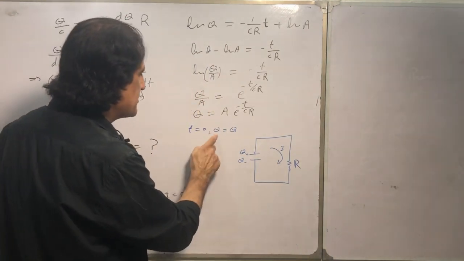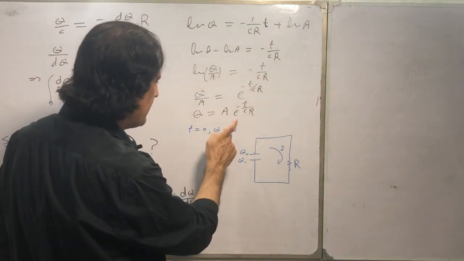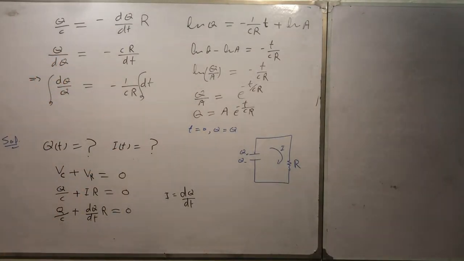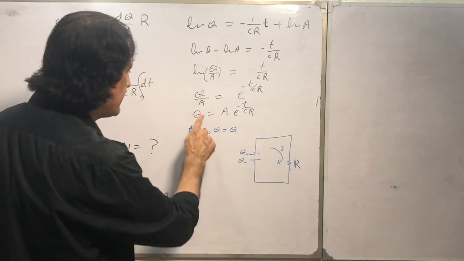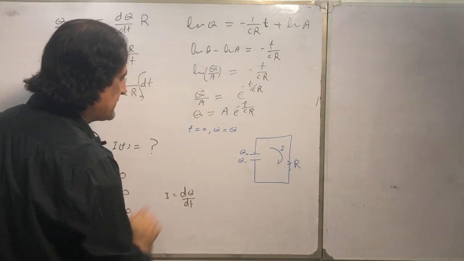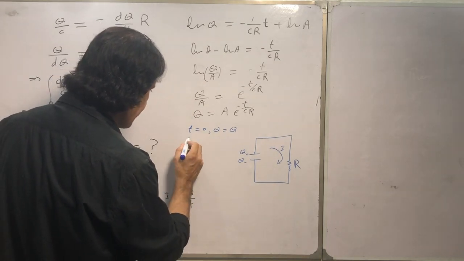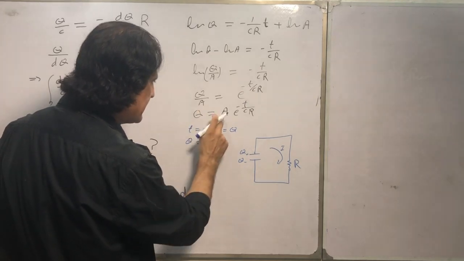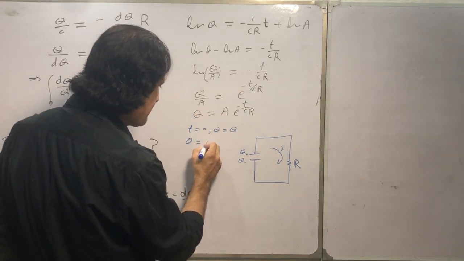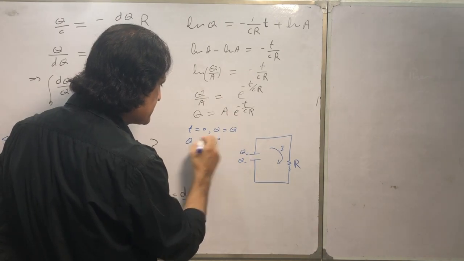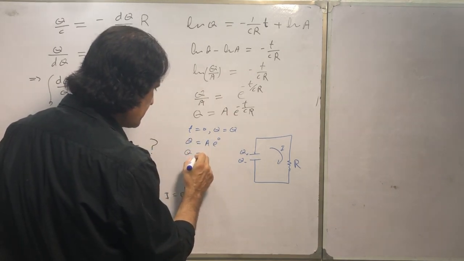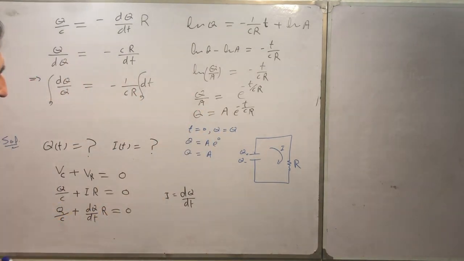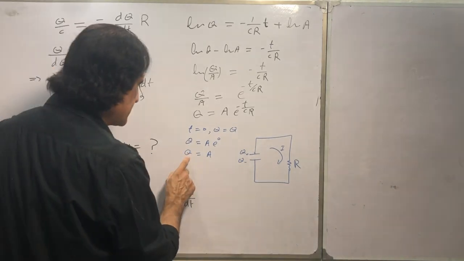So initially the charge on this capacitor is q at time t equal to 0. Then in this relation, q is equal to a times e to the power 0. It means that q is equal to a, and here a is nothing but q.